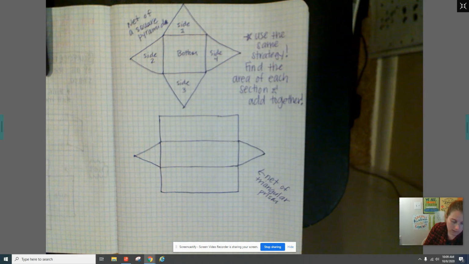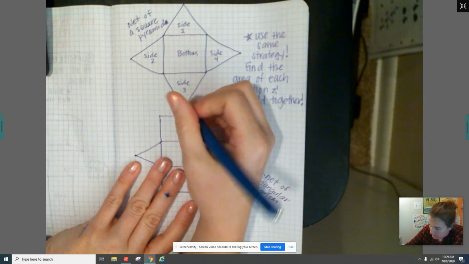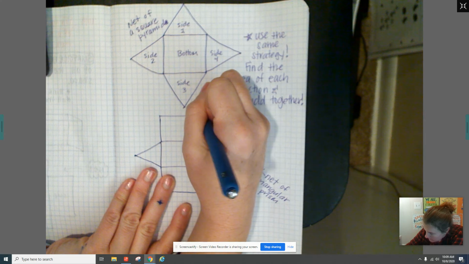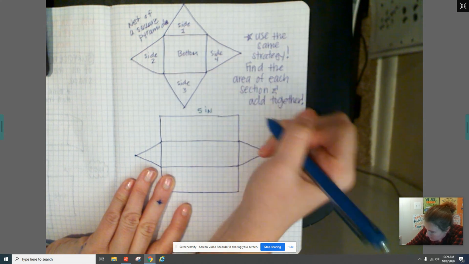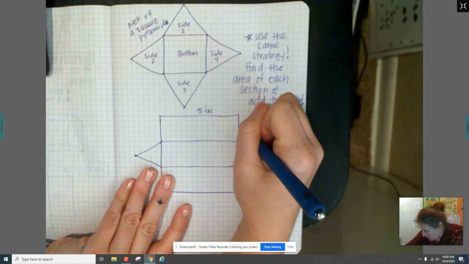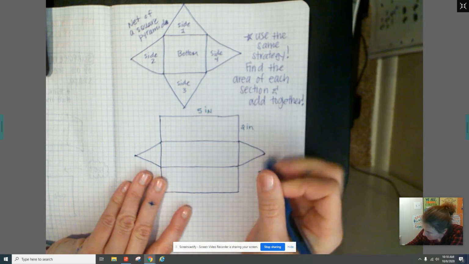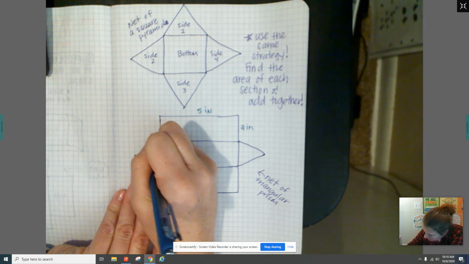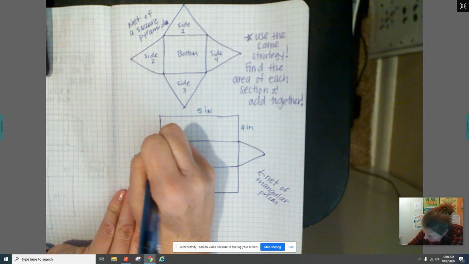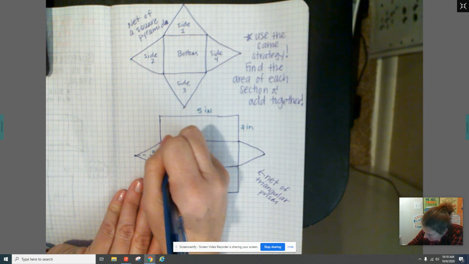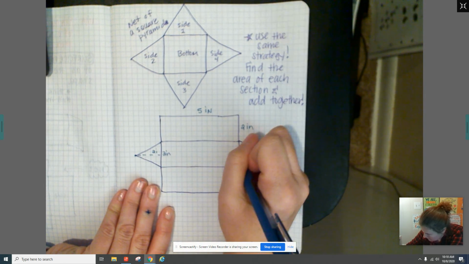Okay, so in order to find the surface area, we're simply going to find the area of all the sides. Okay, I'm just going to label the sides. I'm not going to count the boxes. I'm just going to label them. We'll say this is 5 inches. This right here is, let's go with 2 inches. This is 2 inches. This is 2 inches.